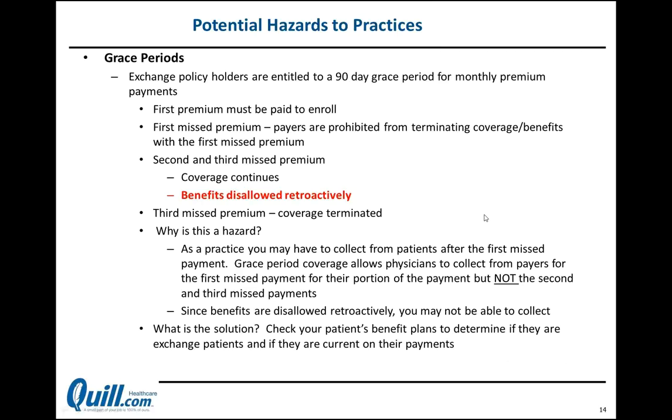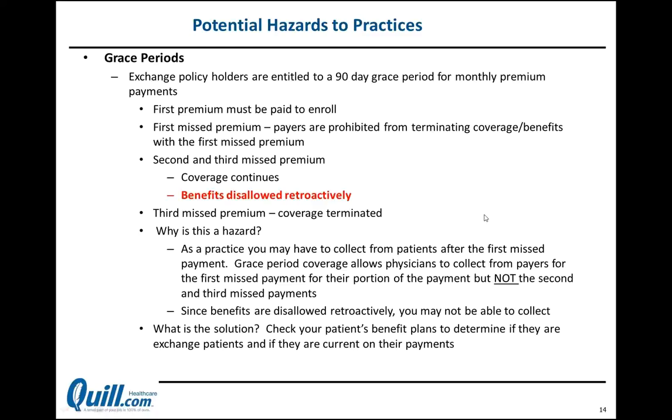The third missed premium is going to result in the termination of coverage, but again, the liability for this retrospective scenario is still there, where the obligation to make the payments is still in play for the patients, but at the same time, your only recourse now is to collect from the patients.